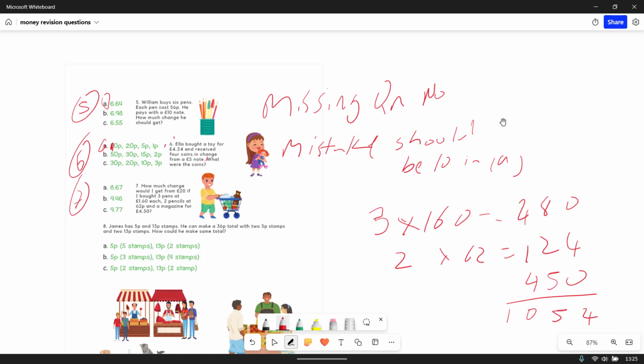Okay. How much change? So then you do £20.00 take away 1054. So 7 is going to be B, 946. But 54 add 46 makes 100.